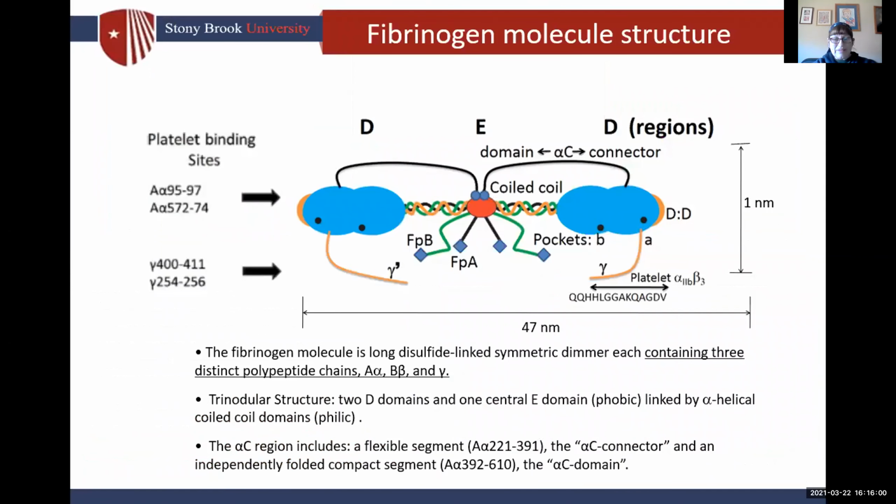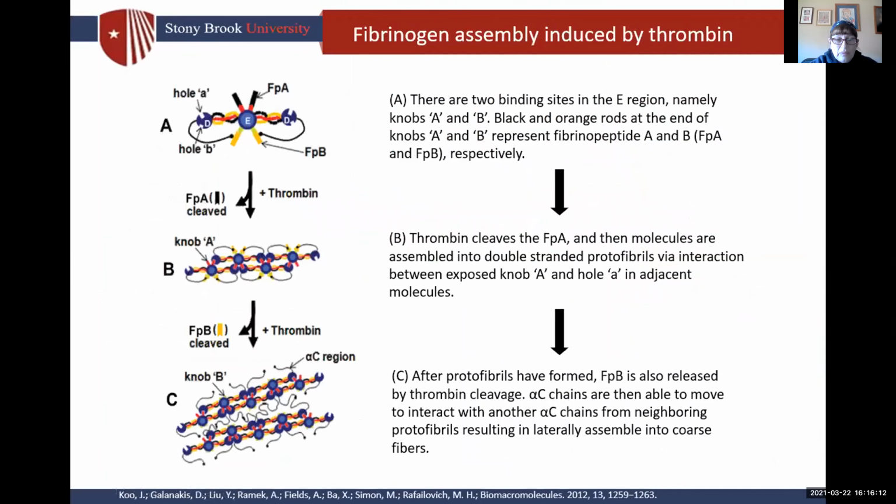reasons for comparison. So just as a very quick review, this is a fibrinogen molecule. The fibrinogen molecule has alpha C domains that cover it, which are hydrophilic, and the interior is hydrophobic. So normally when you have a cascade in a wound, thrombin is released. Thrombin cleaves the fibrinopeptides. It releases the alpha C domain.